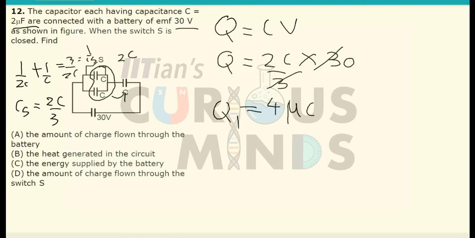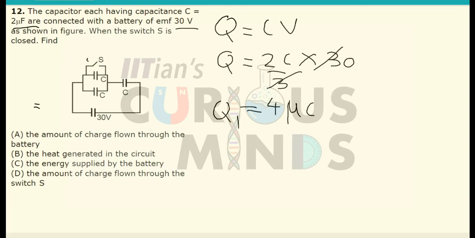After the switch S is closed, what will happen? The initial capacitance can be written as 2C divided by 3. After S is closed, let us say there are two points, A and B. These two points will be at the same potential because, if I assume that the switch does not have any resistance, the potential difference across them will be equal to 0 because R is equal to 0.